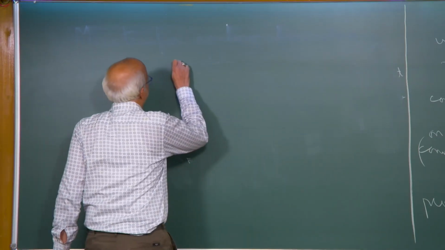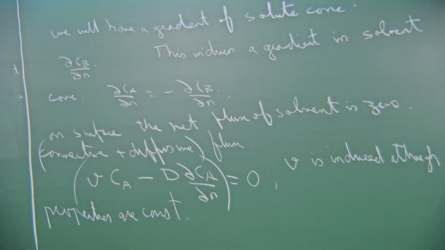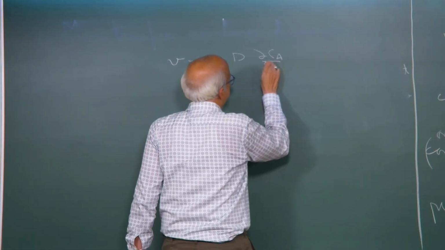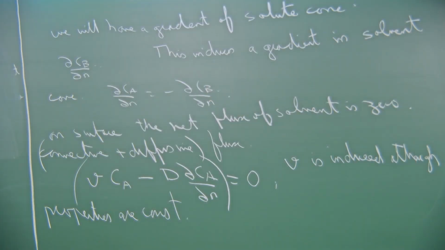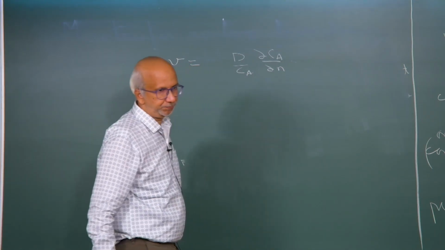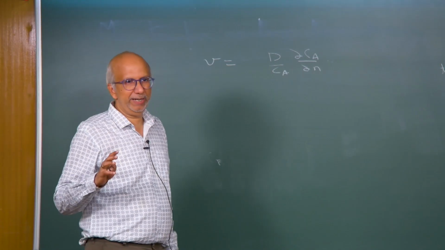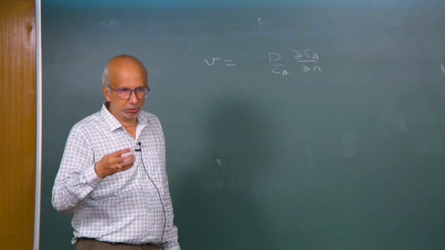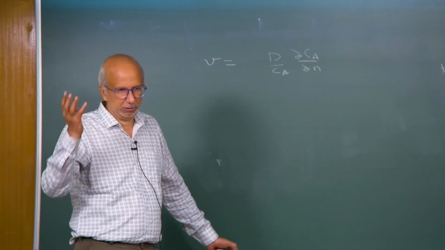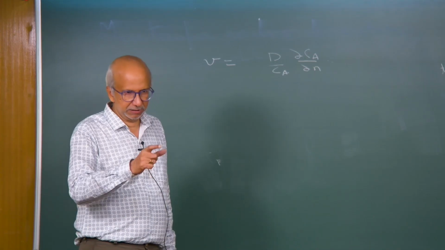So the velocity is given by D dCA by dN divided by CA, and A is the solvent. If you want to write it in terms of the solute, which is what you are going to be measuring, because the solvent is usually in large excess and the solute is the one you can measure.